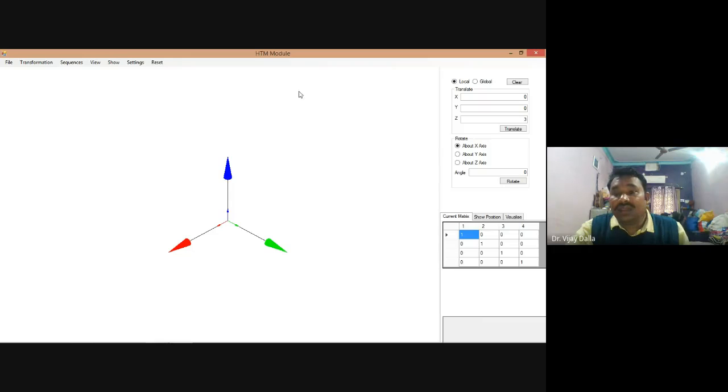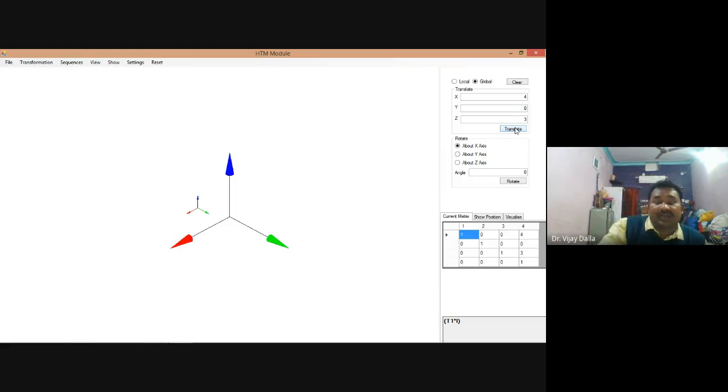Now, globally, suppose we want to see the motion along x; I am putting 4. Now see what is happening. It is not along the x-axis if we measure globally. Now resetting it.